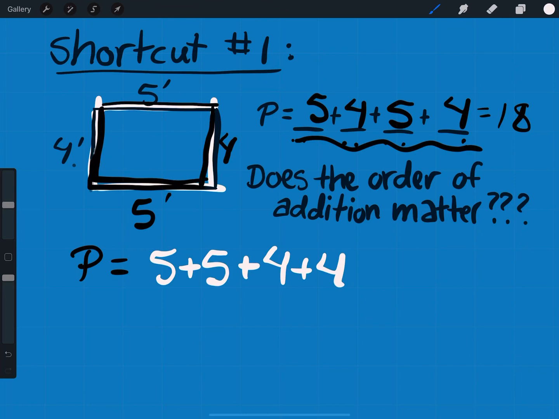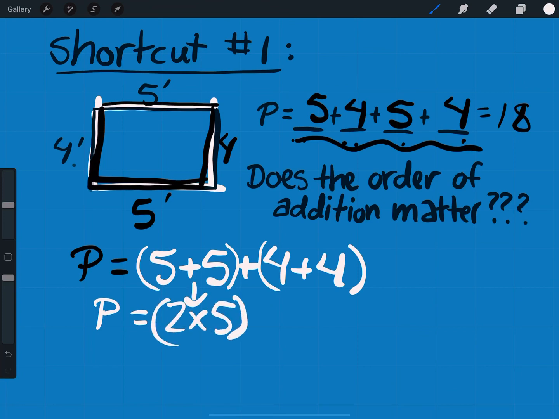Those are adding the same numbers, just in a different order. Now one thing I can do is 5 plus 5 is actually the same thing as 2 times 5. So I could rewrite it like that, plus 2 times 4.